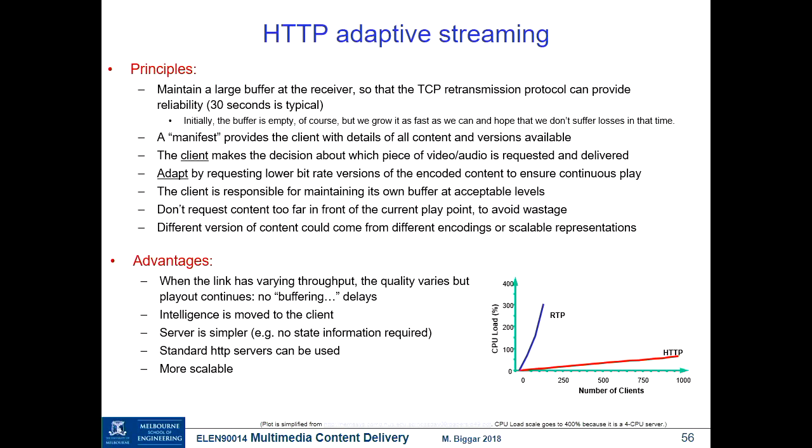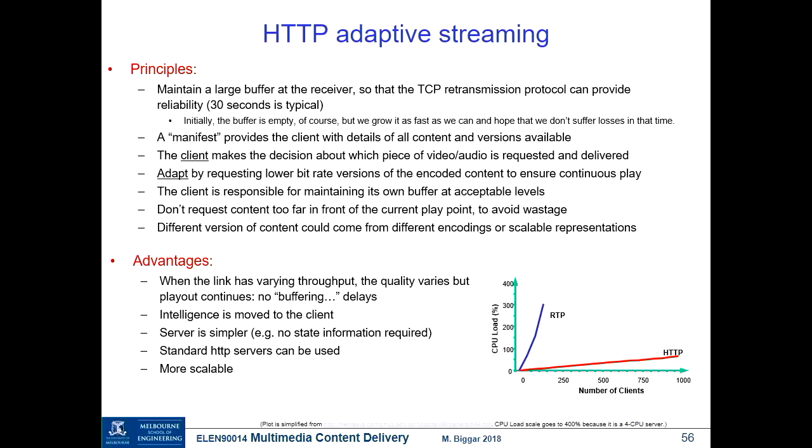So this is a result of one particular investigation of this point, where a comparison was made between the number of clients or the CPU load to satisfy a certain number of clients using just HTTP serving on a 4-processor PC server of some sort, in the case of HTTP or RTP.